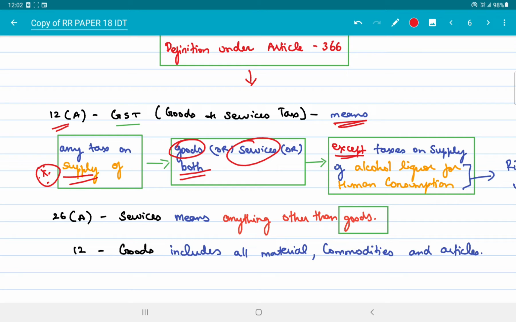So GST will not be levied on alcoholic liquor for human consumption.